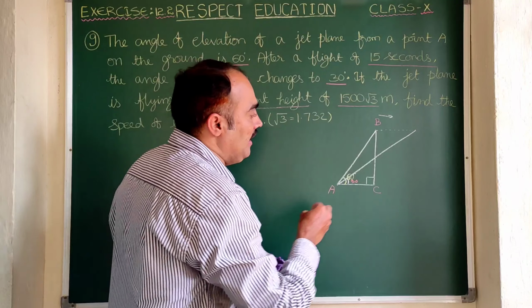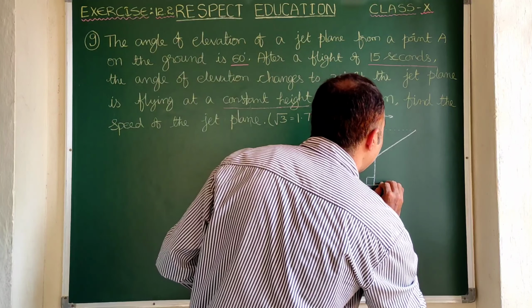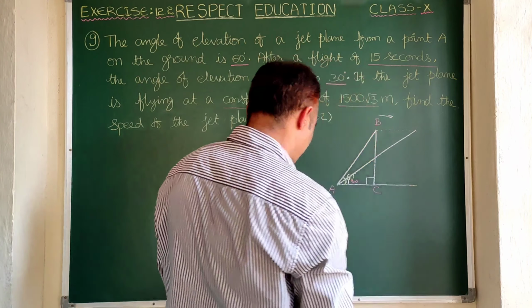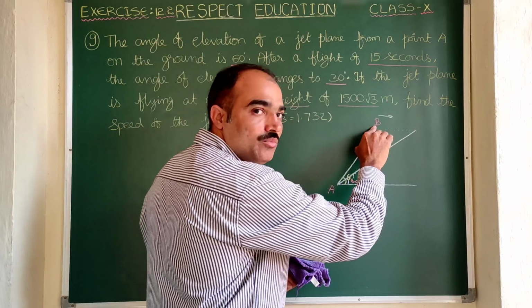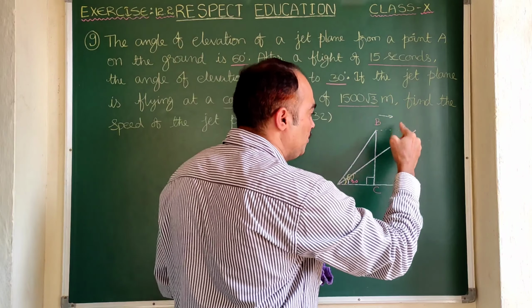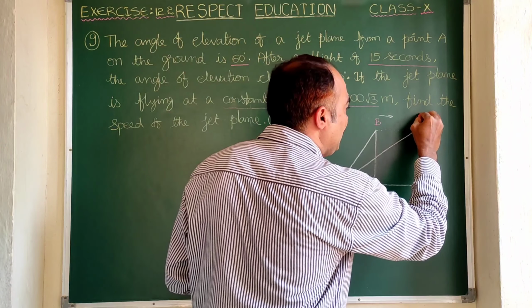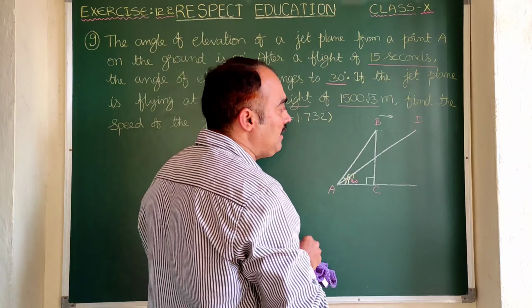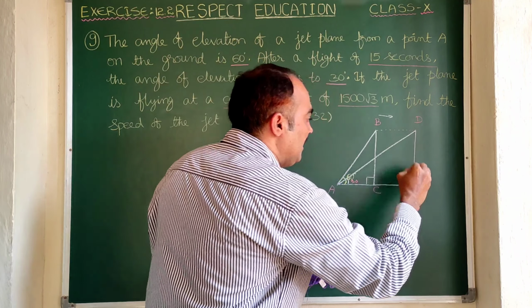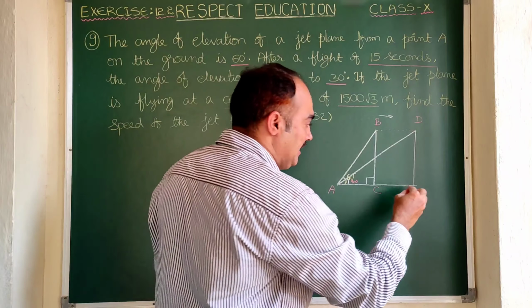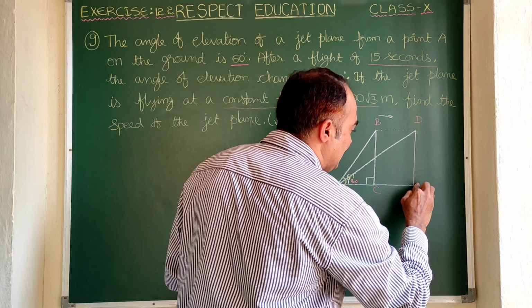So let us extend it to a point. Here the jet has moved from B to, let us take a point D, and from there we draw a perpendicular line to the earth. Let us take this point as E.